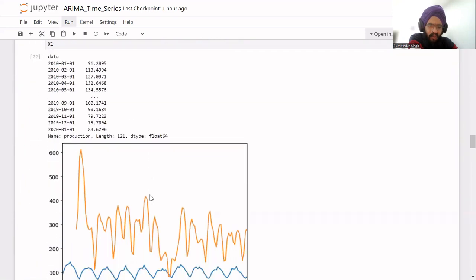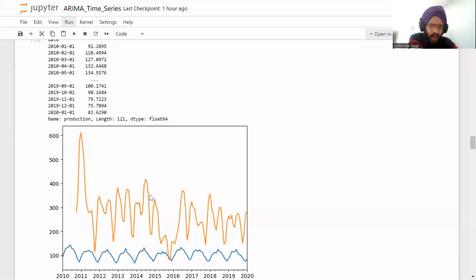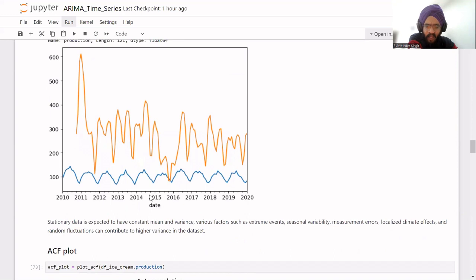Then in the case of variance, we have somewhere high variance. But in a cyclic trend, there's a chance we have a high variance because of some outliers, errors, and some random fluctuation. So here we have two fluctuations, in the beginning and in the middle, such as 2016.